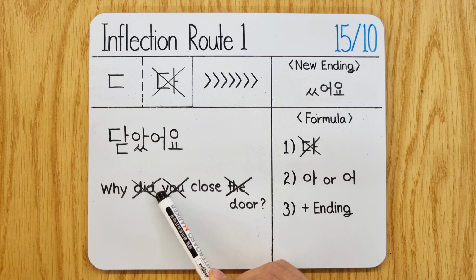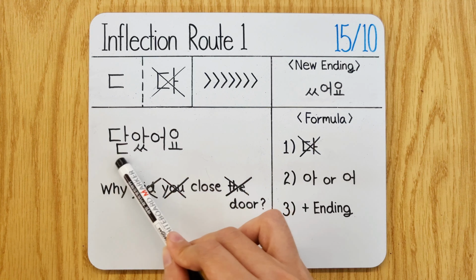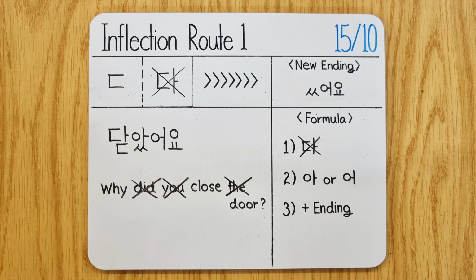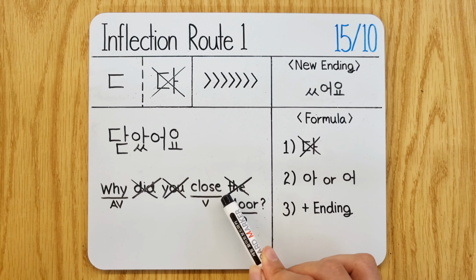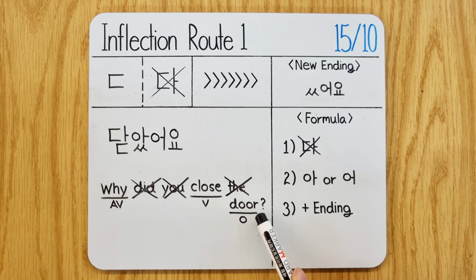That issue being, now there is nothing that is indicating past tense. That is why the verb has to do it itself, and that is why we inflected close into closed. And, of course, you is too obvious according to the context. And no articles, no us and thus in Korean.